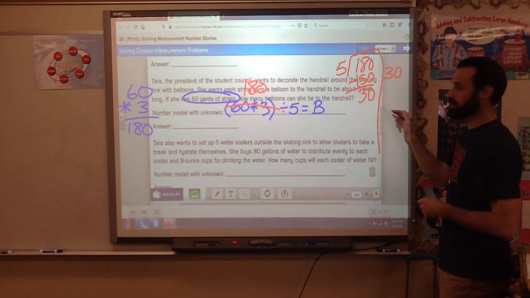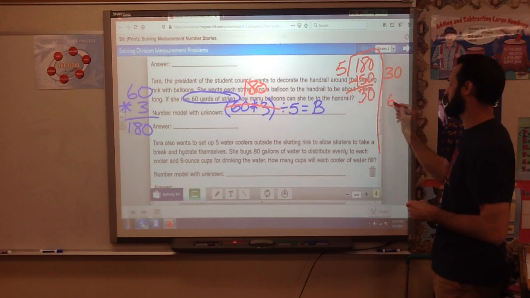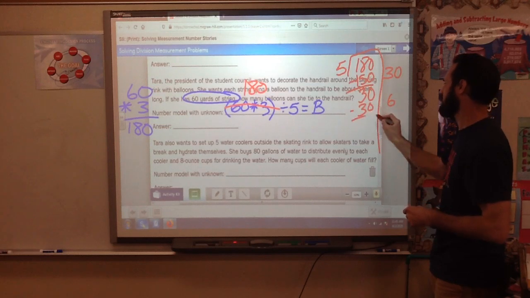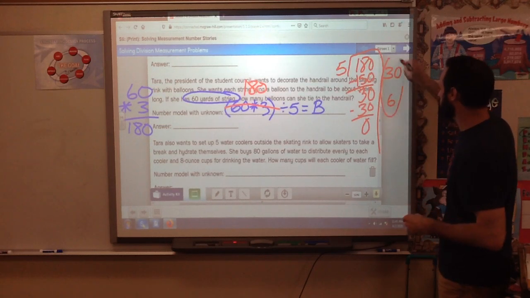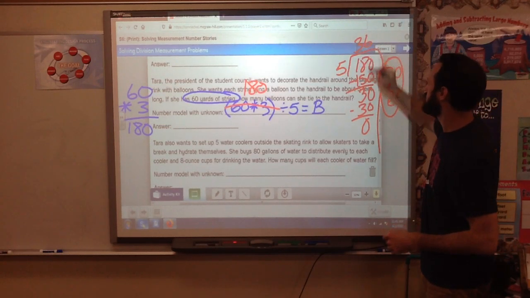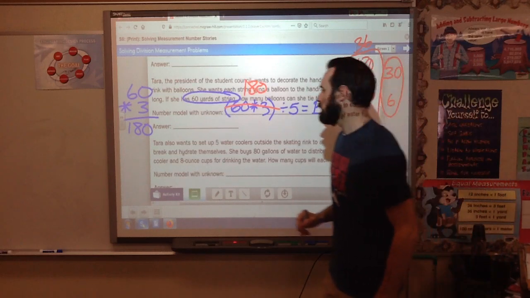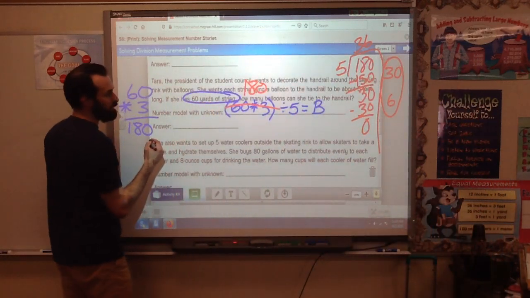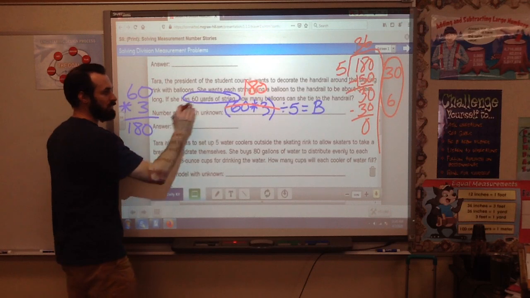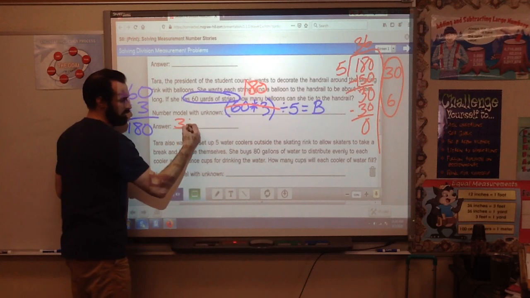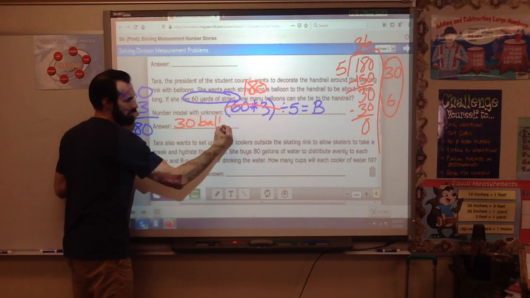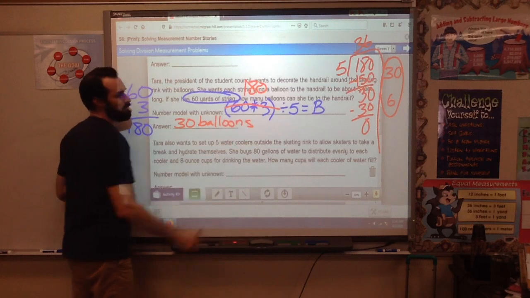How many 5s can go into 30? That's 6. 5 times 6 is 30, and I subtract. I get 0. So your answer here is 36 when you add. So the answer is how many balloons? 30 balloons is what they can do.